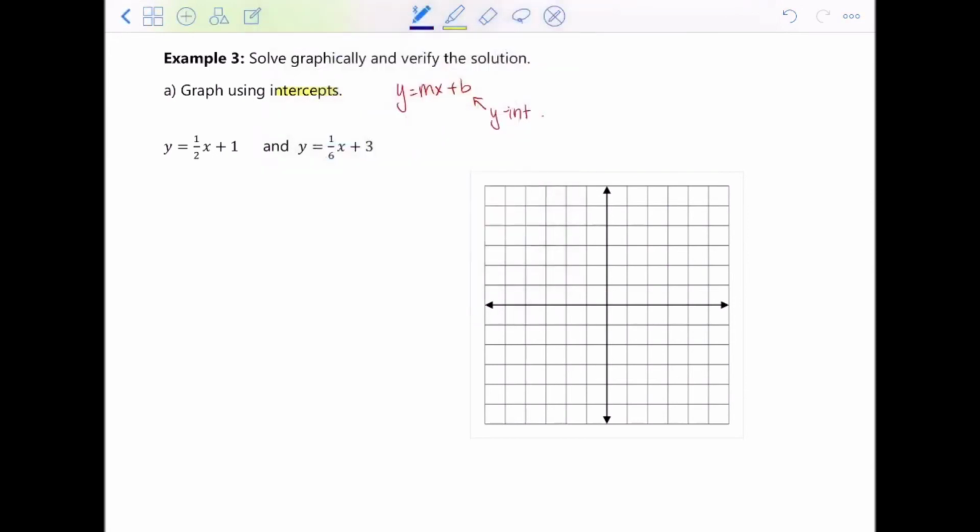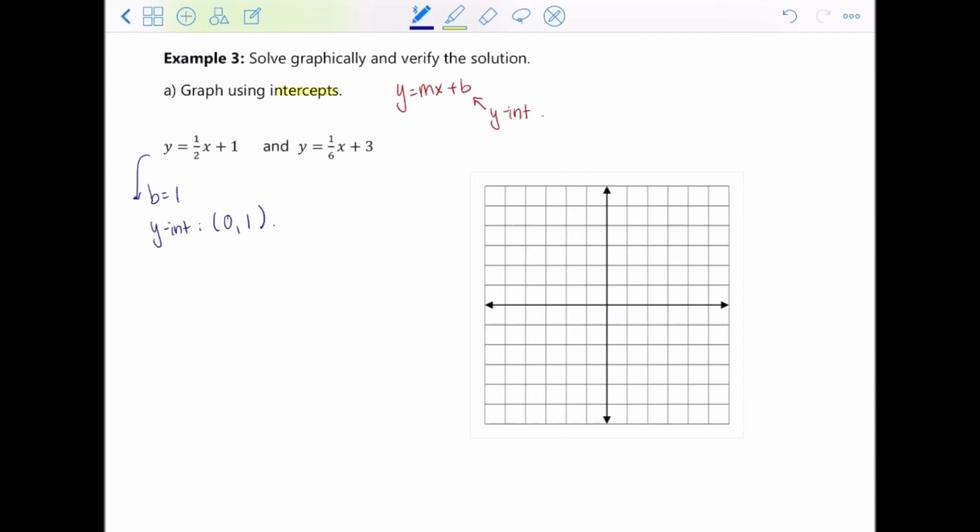So we can state that b is 1 for the first equation, and therefore the y-intercept happens at (0, 1). We don't really have to calculate it, though you can by plugging in x equals 0, but we don't have to because it's given here. So we found this already.